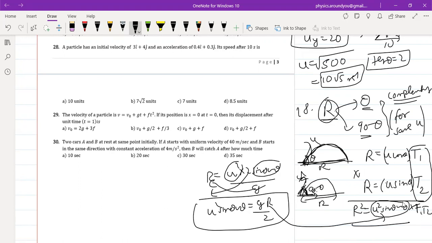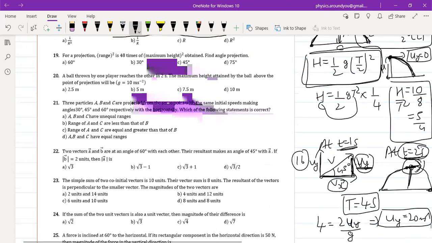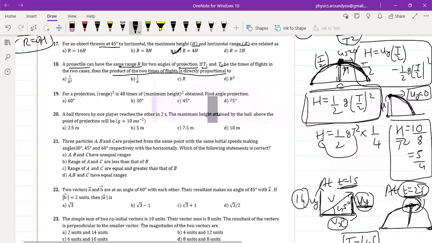I have r on the RHS, r square on the LHS, so T1, T2 should absolutely have something of r in the LHS. So the product of the times of flight should be directly proportional to the range. So T1, T2 should be proportional to the range, or r. This is the most time economical way. Without much formulae, you can arrive at this.